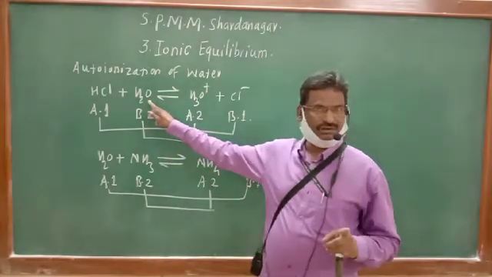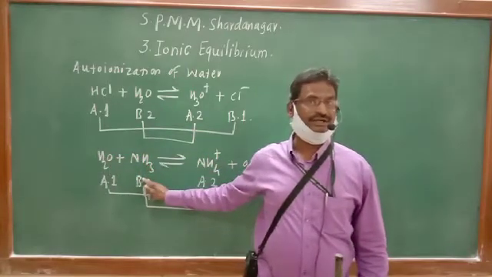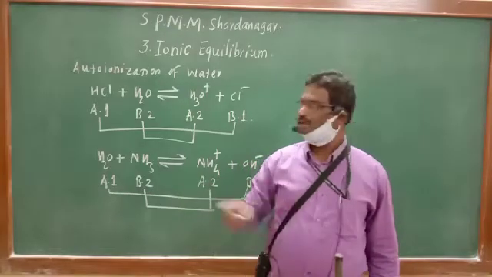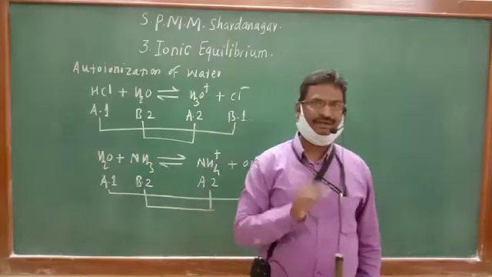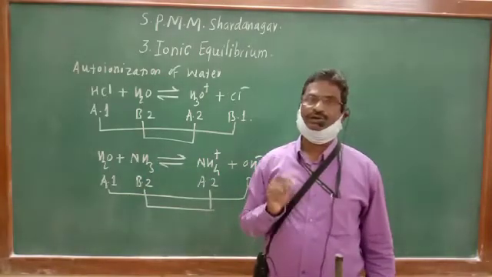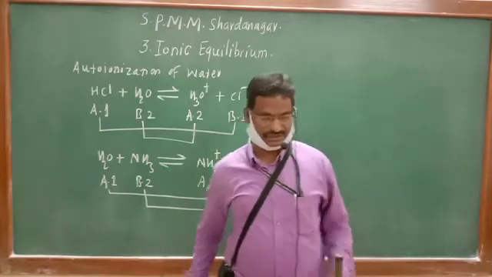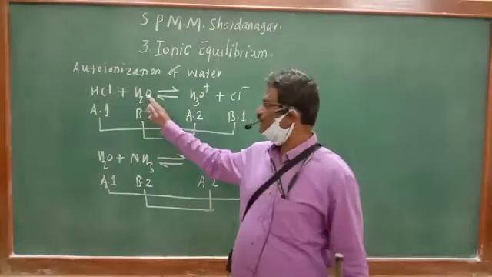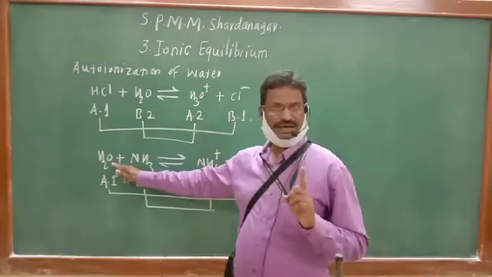The same water, whenever it reacts with base, acts as an acid. Both basic as well as acidic properties are present in water. Therefore, water is known as an amphoteric substance. So this is important. Now, this water is base and this water molecule is acid.